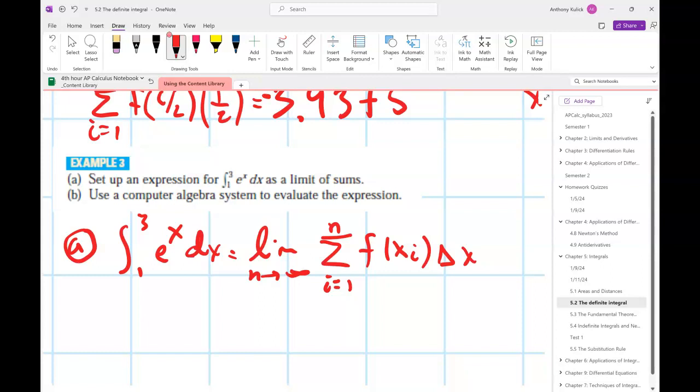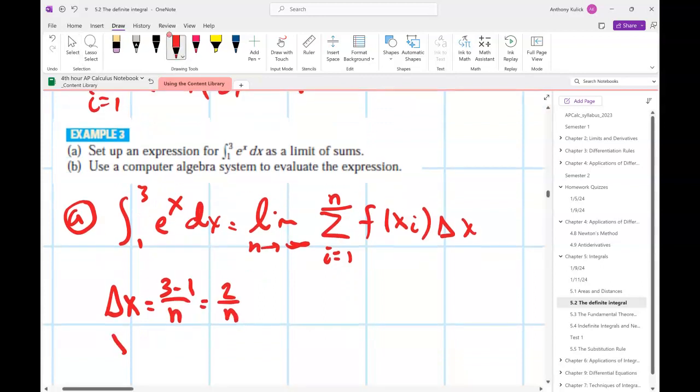All right. So our delta x is 3 minus 1 over n. Our x i is 1 plus 2 over n times i, or just 1 plus 2i over n.